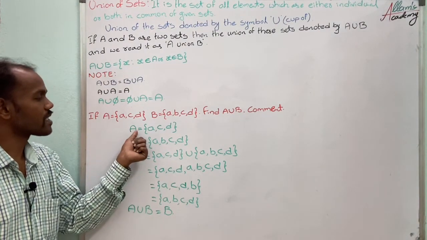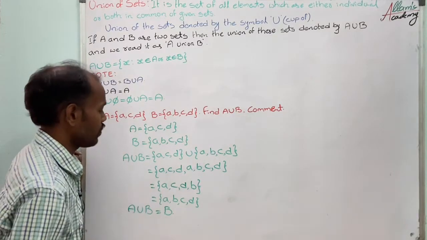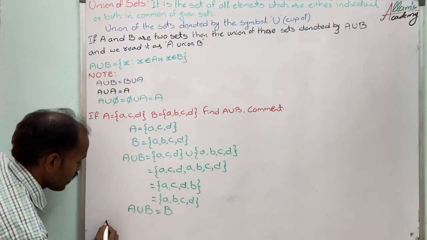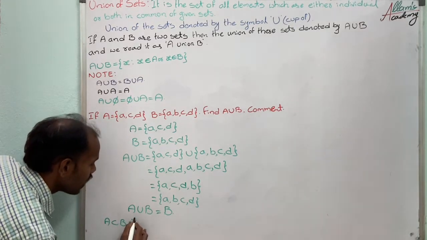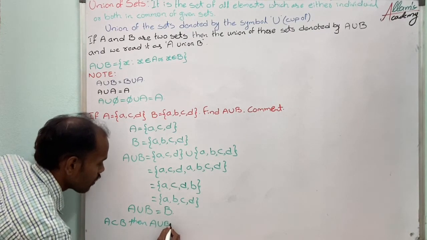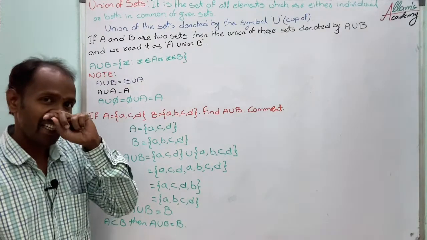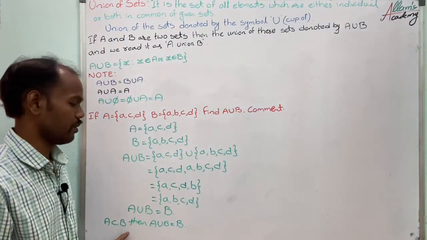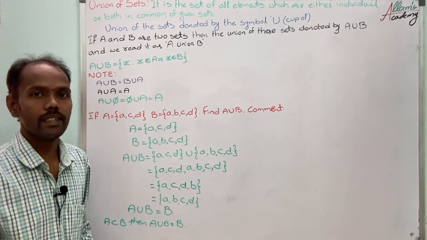So we say A is a subset of B. Then A union B equal to B only. If A is a subset of B, then A union B equal to B.